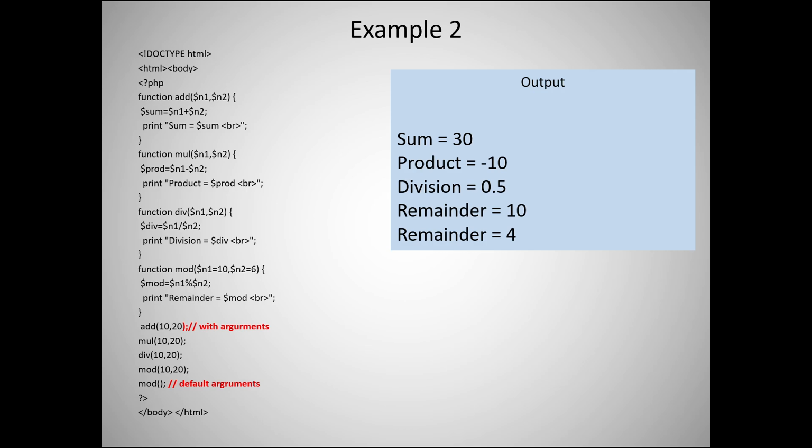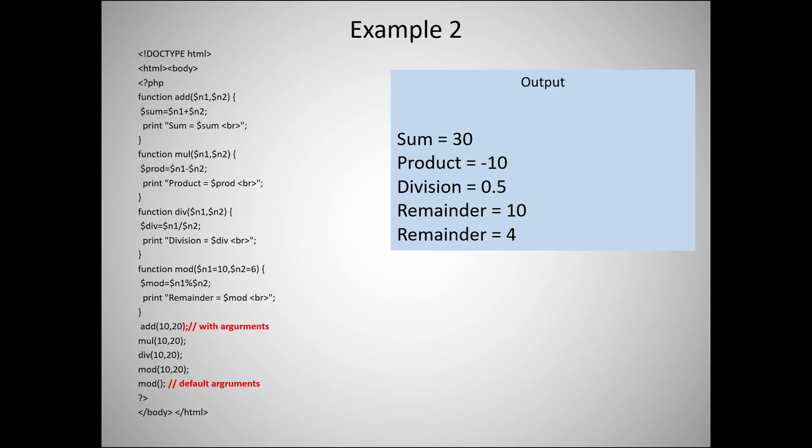If you are using a default argument, you initialize that argument with some value. In this mod function, I am initializing the first argument with the value 10, and the second argument with the value 6. If you pass a value, the default will be discarded; otherwise the default will be treated as the original value.